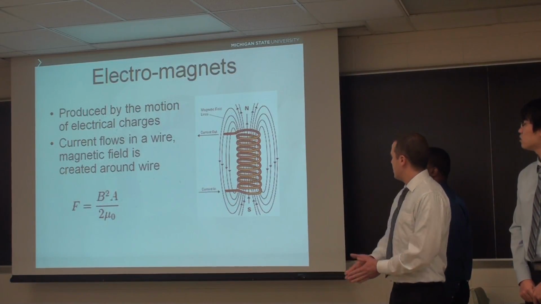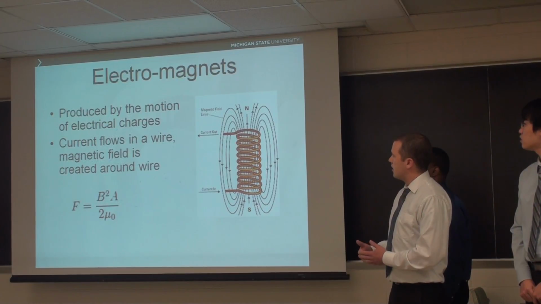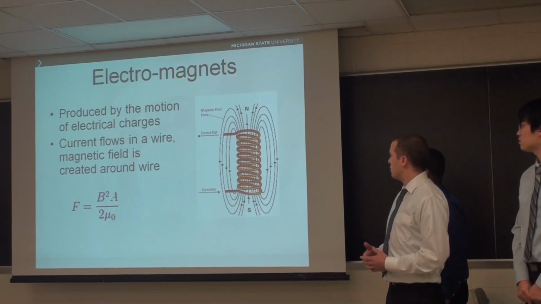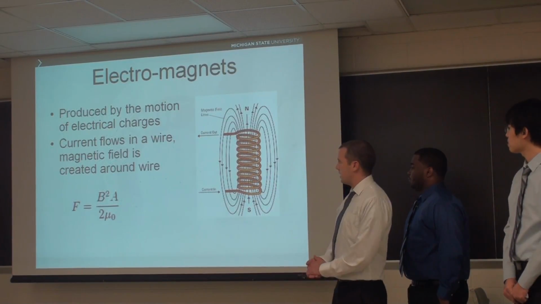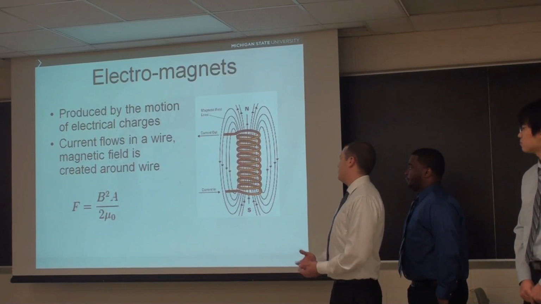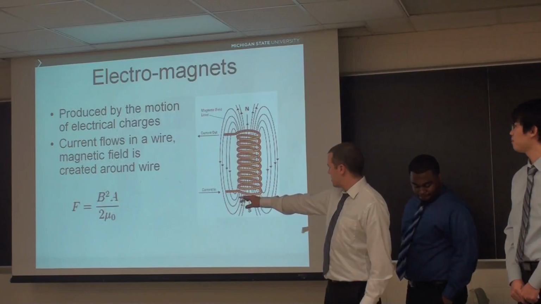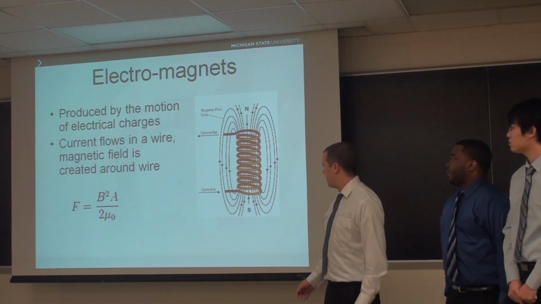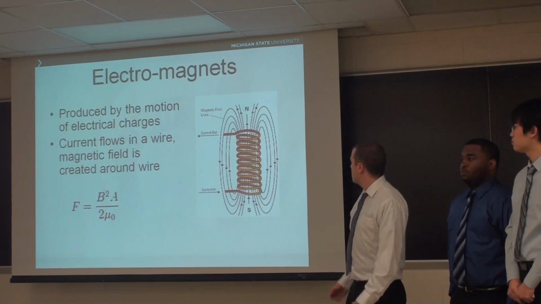Basically, a coil will produce a magnetic field from the motion of electrical charges, as we send a current through the wire. As you can see here, current flows through the wire and a magnetic field is created. Real basic formula for that: the force created equals the magnetic field squared times area over 2 mu, where mu is a magnetic constant.